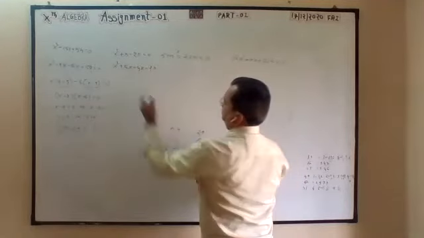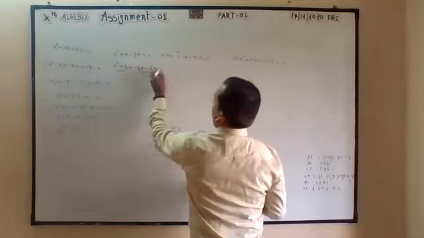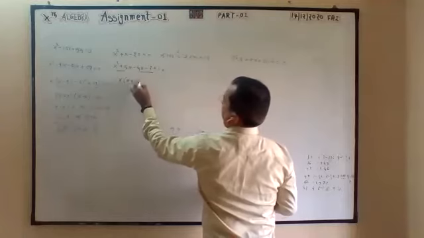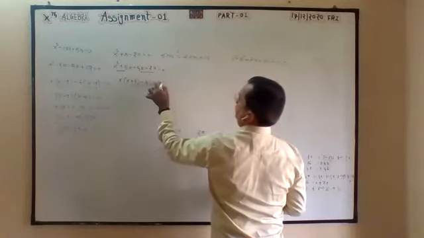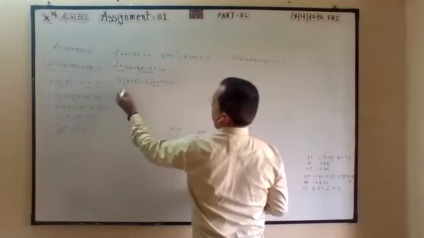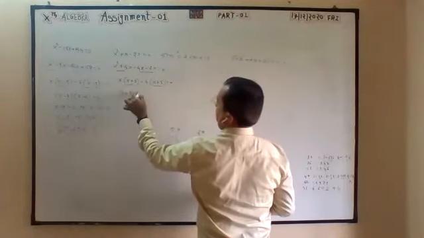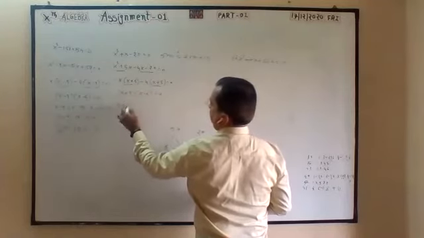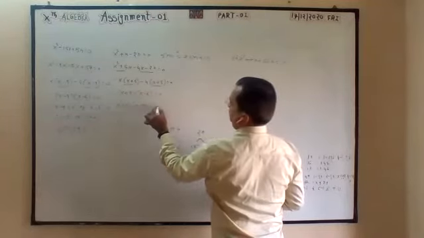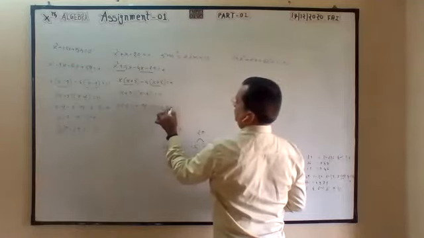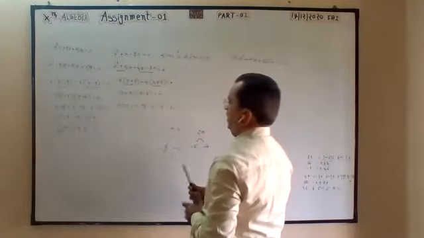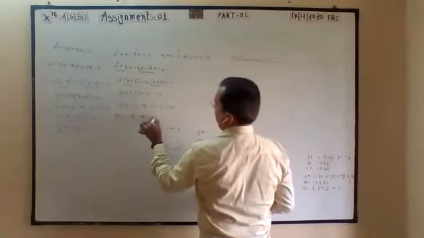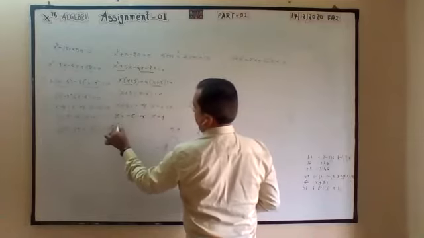Common of common, common of common again. So x plus 5 is equal to 0, or x minus 4 is equal to 0. Now left to right, x is equal to minus 5 or x is equal to 4.